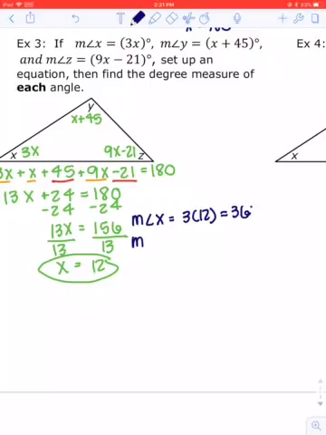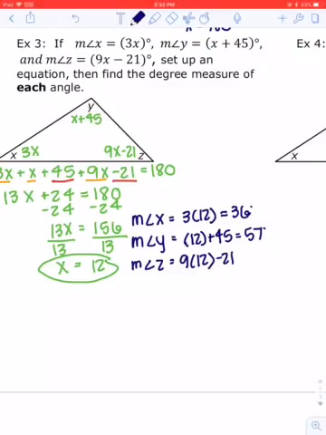For measure of angle y, I have 12 plus 45, which equals 57 degrees. Then I have measure of angle z, 9 times 12 minus 21, all of which could be put in your calculator, and you get 87 degrees.